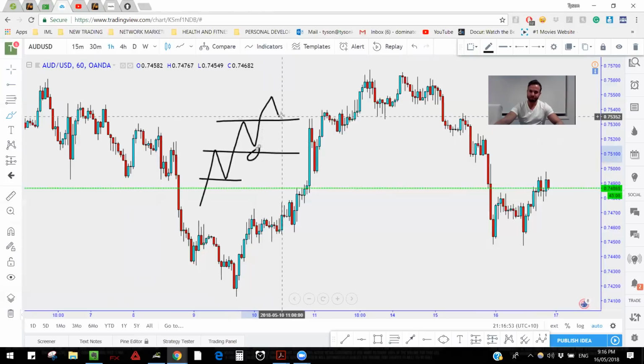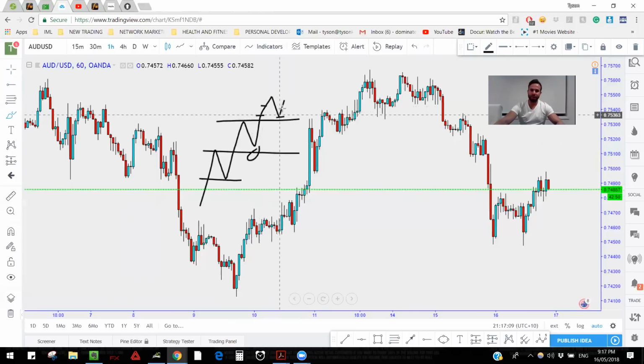But let's say the market makers realize that there were buyers that came in here, and they know that if they push it up a little bit more, the retail traders are buying, but the institutional players, the big money, are selling.